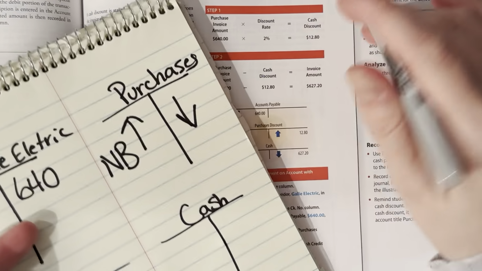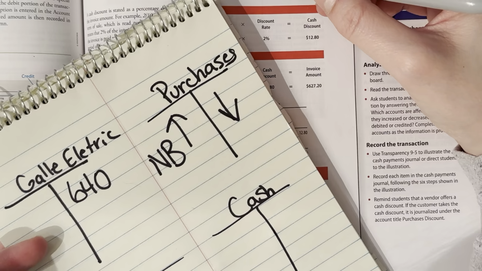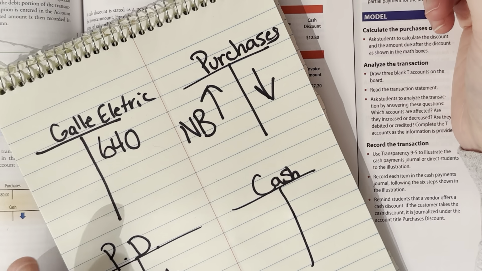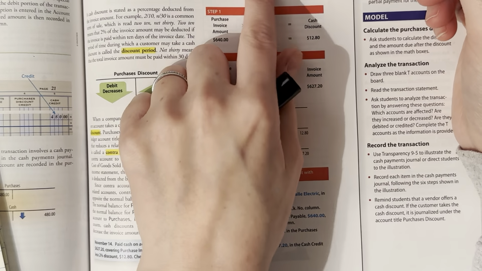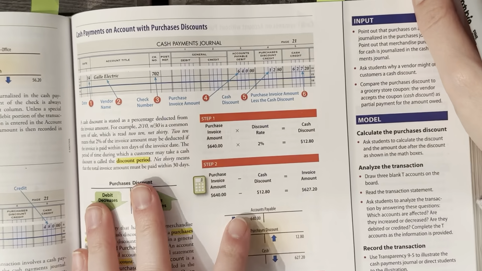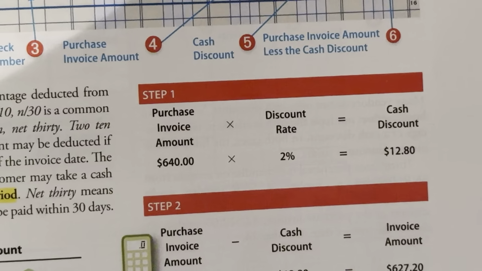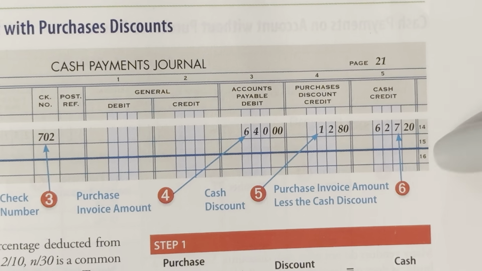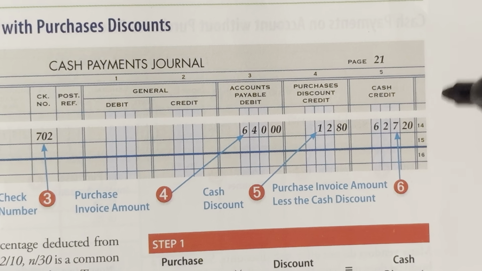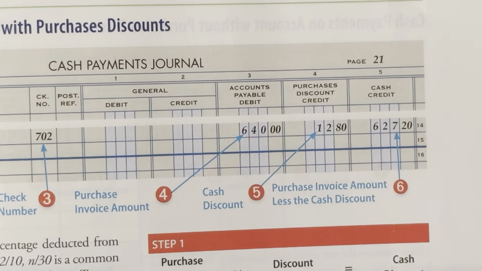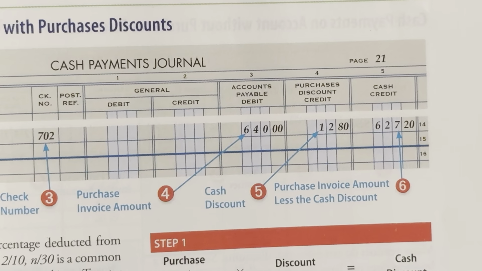So let's go backwards here, and it says we had the $640 accounts payable. So we can use the columns right up above here, and I say to myself, I know we paid $627 in cash. Good, the problem told us that. I know that our accounts payable was $640.